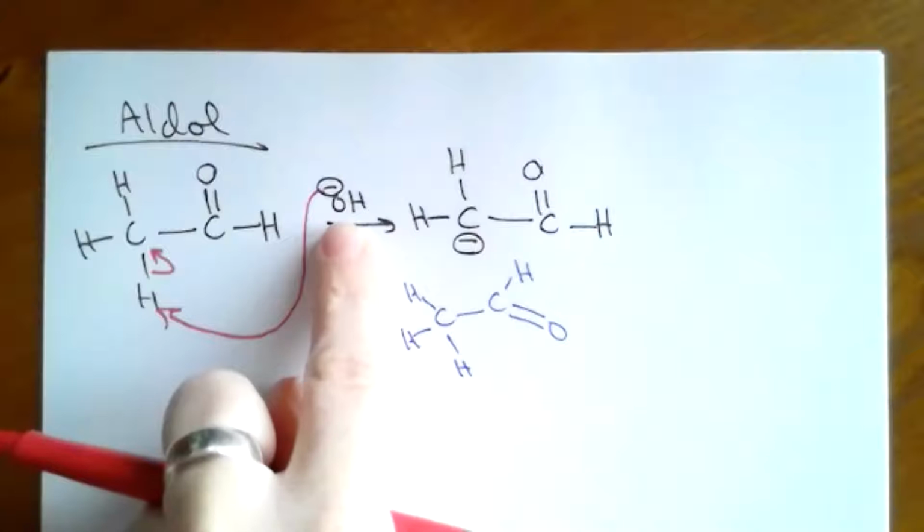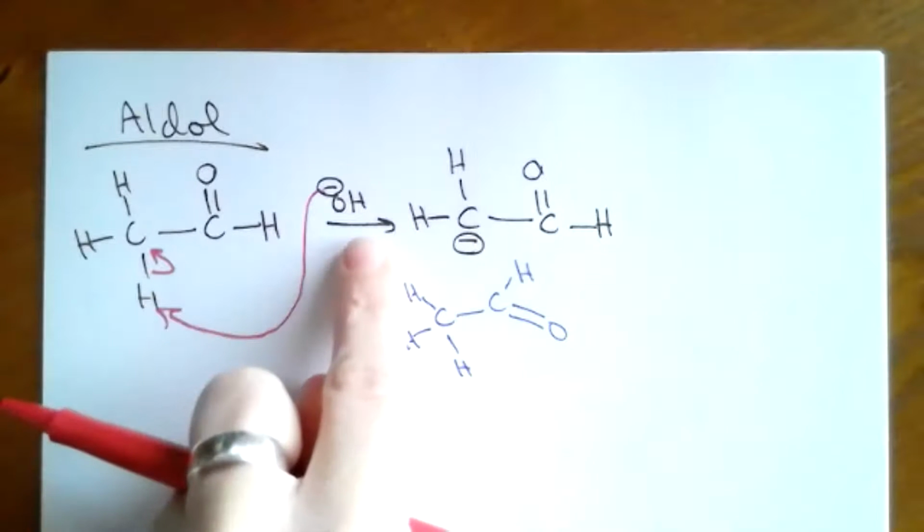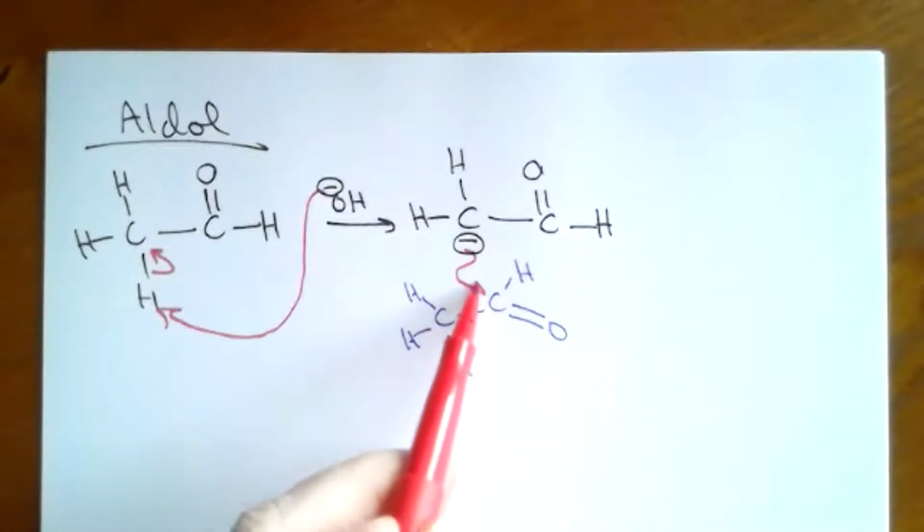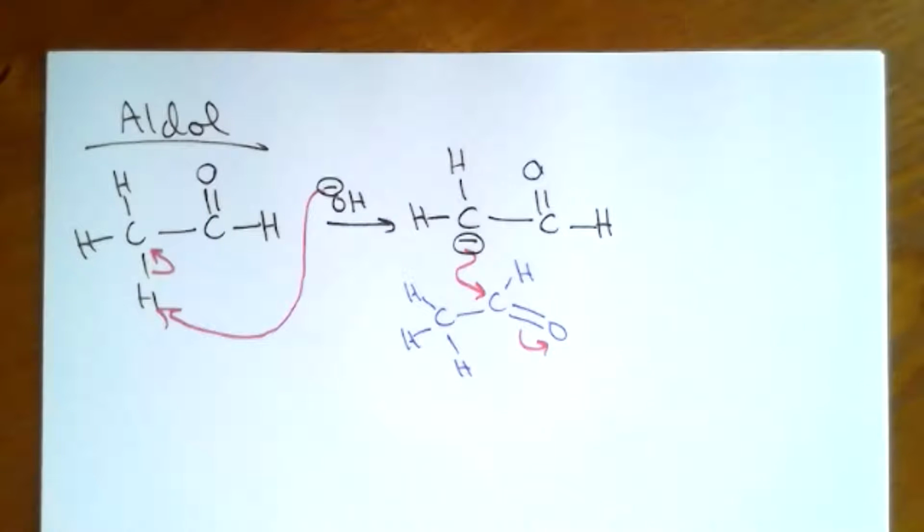When you use a base like hydroxide, does hydroxide quantitatively deprotonate to make this enolate? No way. Acetaldehyde, some of it turns into enolate, but there's a lot of acetaldehyde left over that has not been converted to enolate. So your enolate attacks the carbonyl carbon of another acetaldehyde molecule.